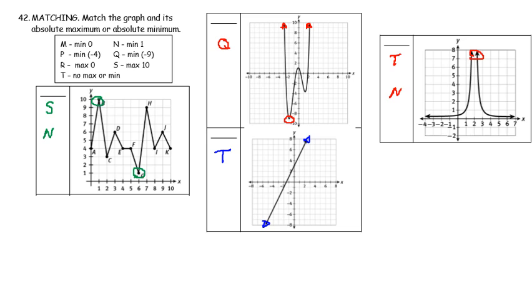And I actually talked to a high school teacher and they agreed with me, saying that there's no max and no min. But the district, for middle school, is saying that the minimum here is 0. But actually these are called asymptotes and they never touch 0. It just keeps getting closer and closer to 0, but doesn't actually touch it. So hopefully you will not see that on your exam.